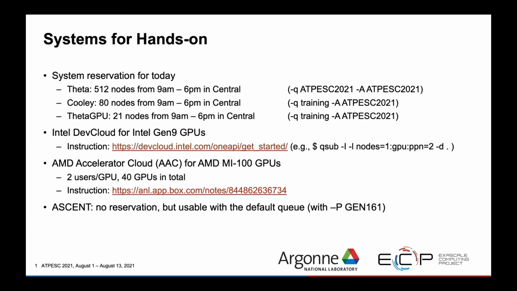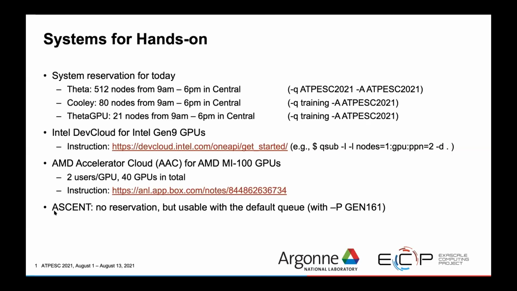If 2 users are using the GPU together, you may see some performance regression, but unfortunately we couldn't get 80 GPUs, so please understand the situation. For the instructions, you can see this Box folder. Yesterday I sent your login credentials through Slack DM, so you should have that information. If you don't have it, please reach out to me and I can follow up.